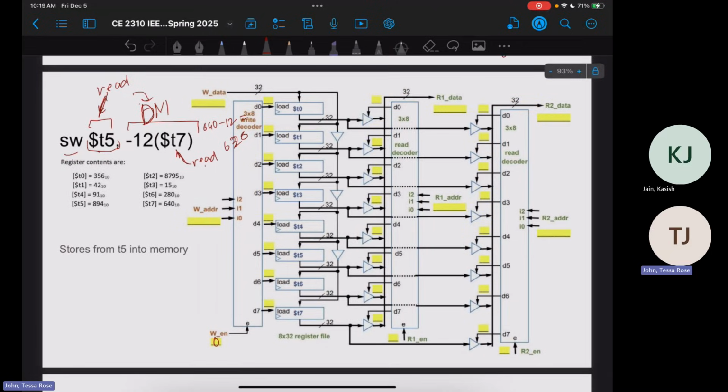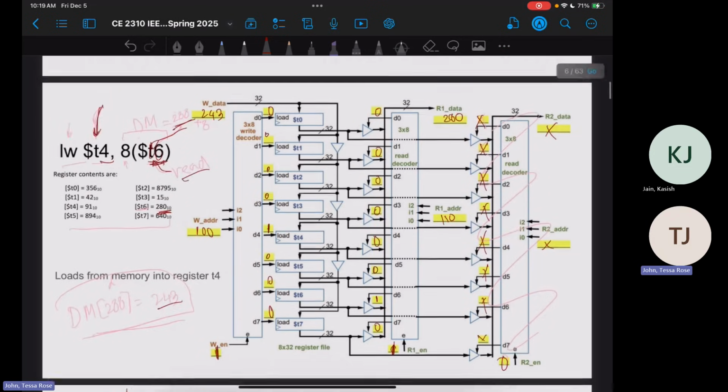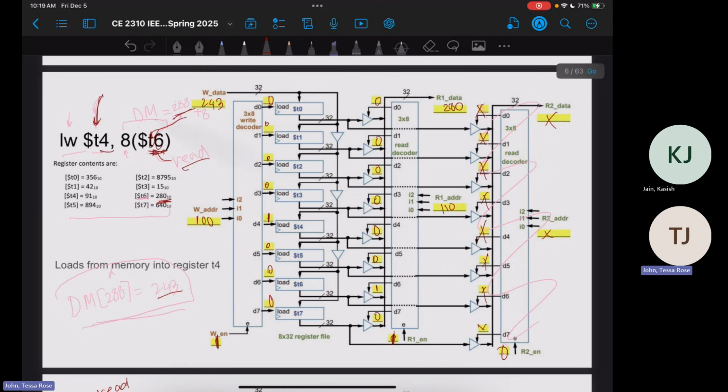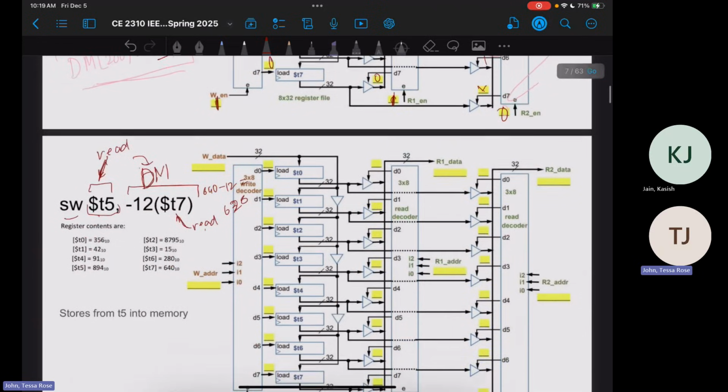So, and for this one, to know which of the 2 read files should go where, if you look at the first question, right, in the data memory read, we put the 6 in the furthest away column, right? So same thing, just follow that.